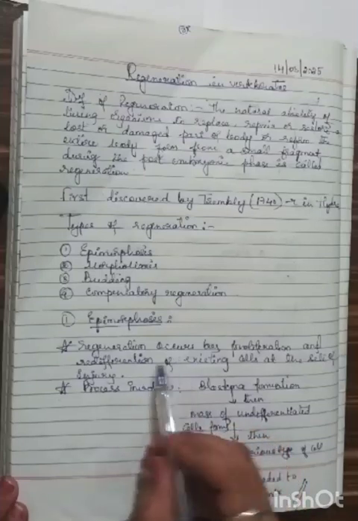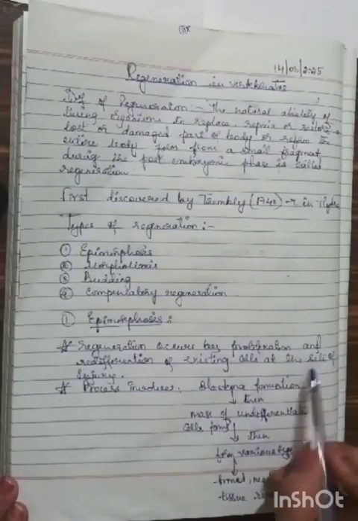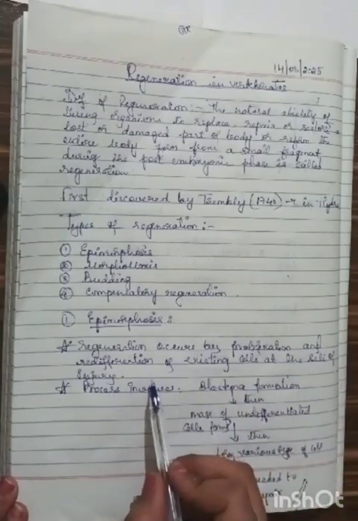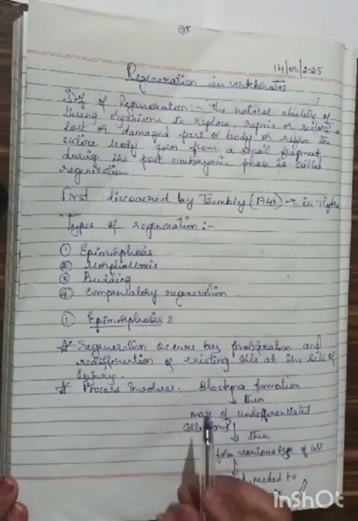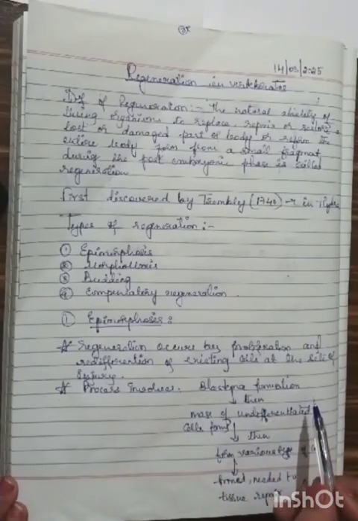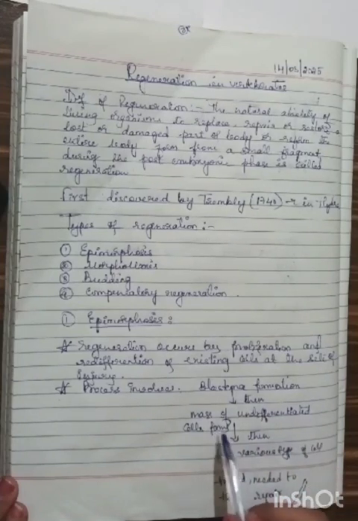This process mainly involves blastema formation. At first blastema formation occurs, then a mass of undifferentiated cells forms, then the cells differentiate into various types of cells which are needed for the tissue repair.